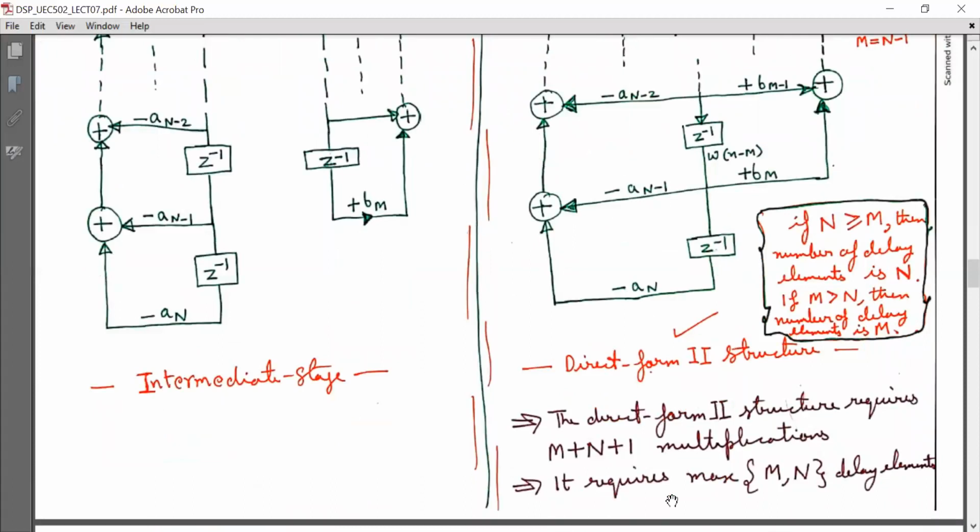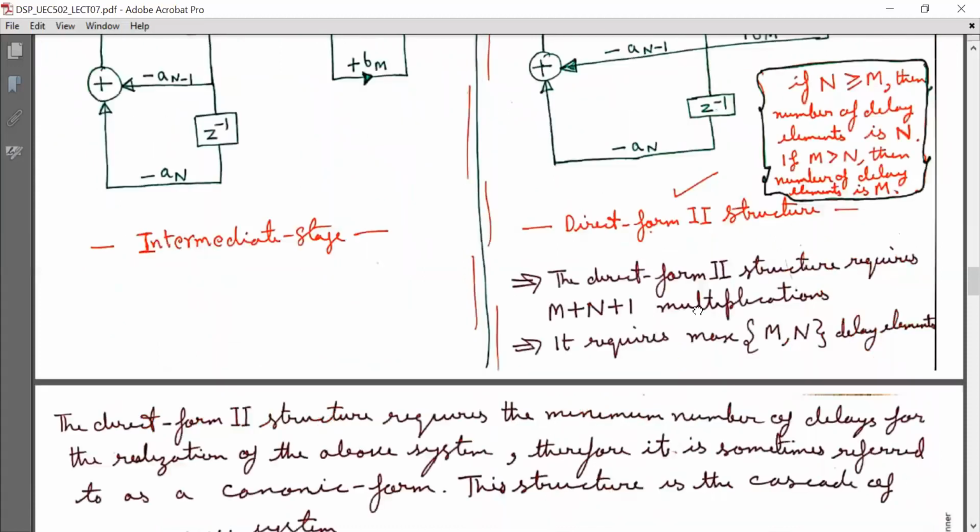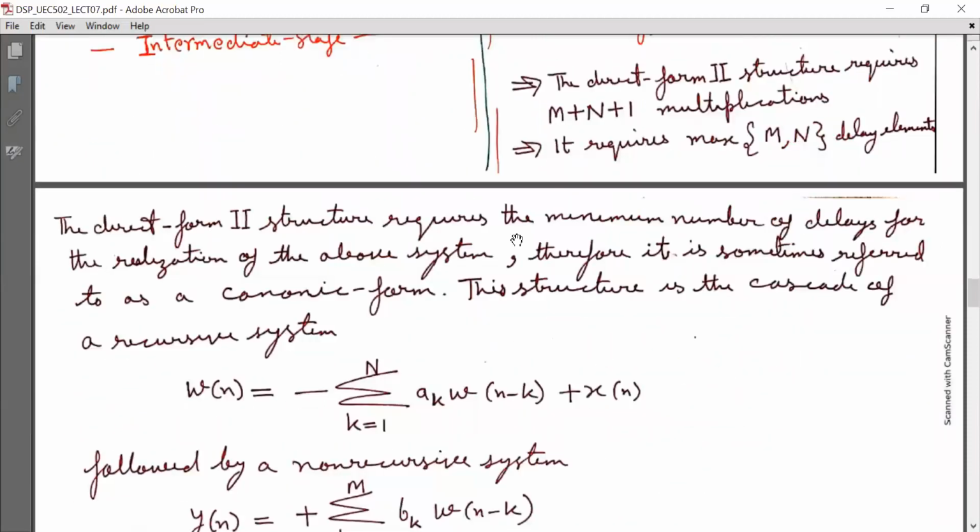It requires a maximum of M, N delay elements, whichever is higher. The direct form 2 structure requires the minimum number of delay elements for realization of the above system. Therefore, it is sometimes referred to as a canonic form.